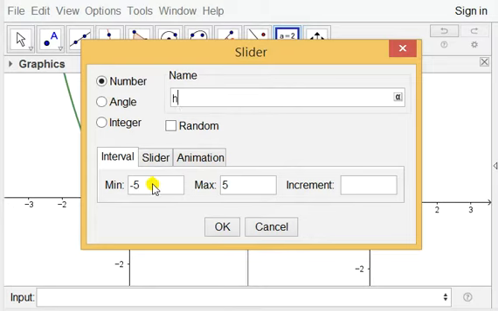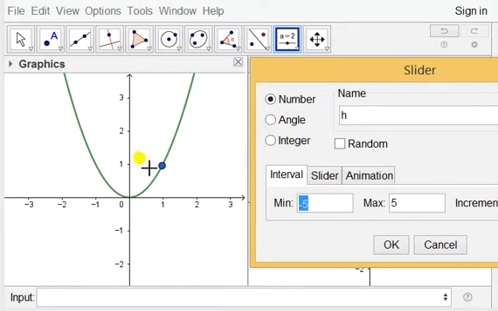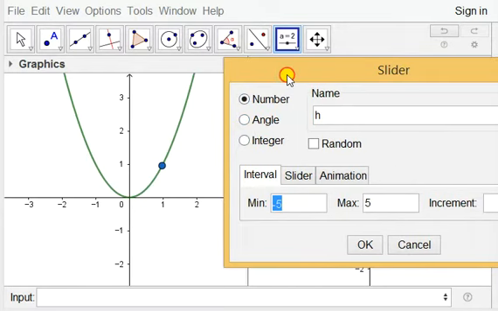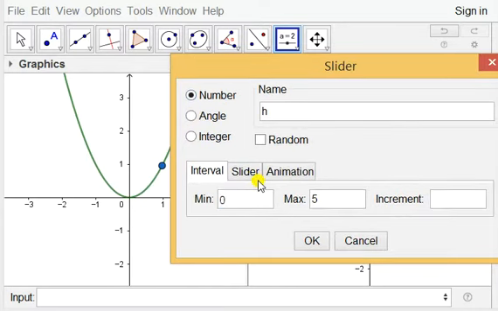A key point here, as you can see in the GeoGebra file in the course Blackboard, is that the minimum is not 0 because we still need some square around there, right? So it should be 0.001, if we really want to zoom in, and go up to maybe 1.